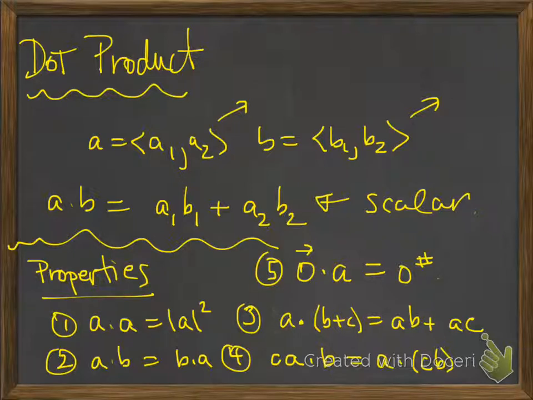Alright, now let's move to something that's more interesting, and that's some geometric properties of the dot product. The first thing we need to remember is our law of cosines.